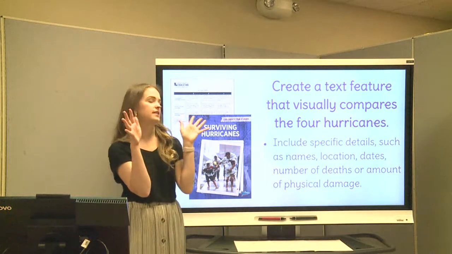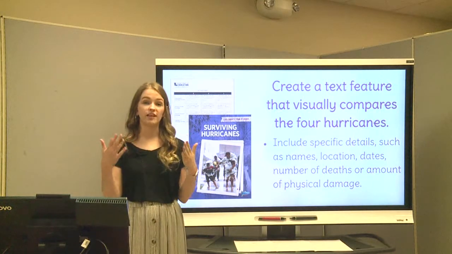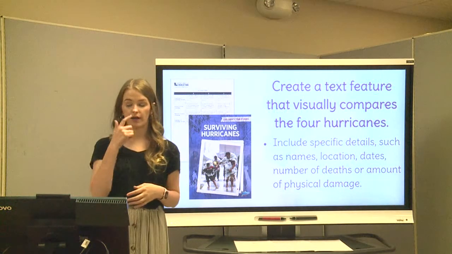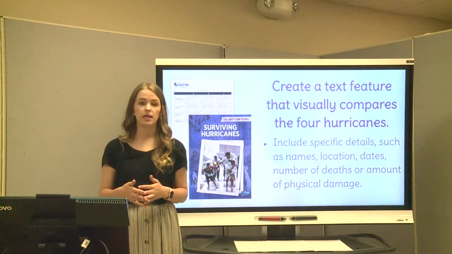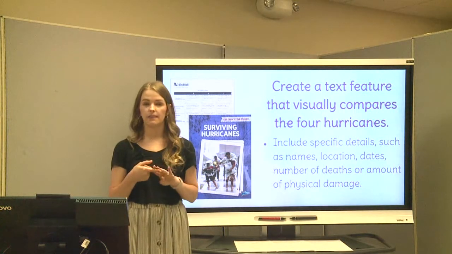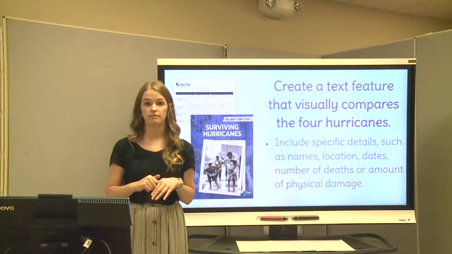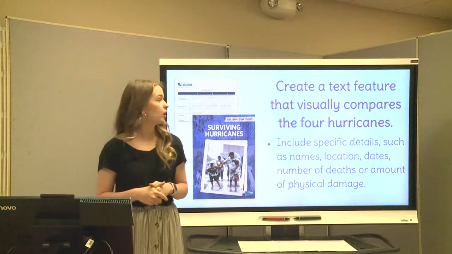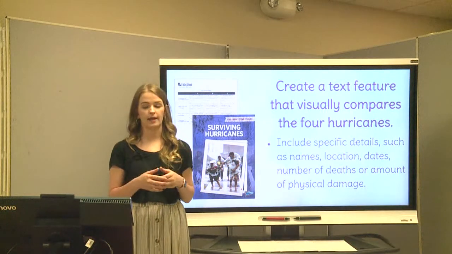So our job today is going to be to create a text feature that visually compares the 4 hurricanes. We need to include specific details such as the names, locations, dates, number of deaths, and amount of physical damage. So again, we are going to be creating a text feature to compare those 4 hurricanes.